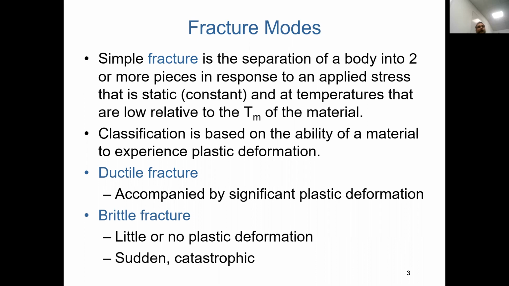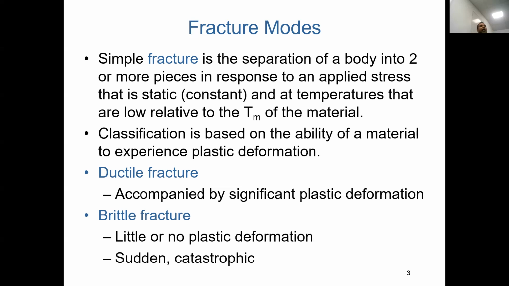You increase the force, then you will reach a point where the material will no longer come back to its original shape. And you keep stretching, it will create a necking region, and then the material will fail. After failure, if you have a look, the material will have a change in length, a change in cross-sectional area.